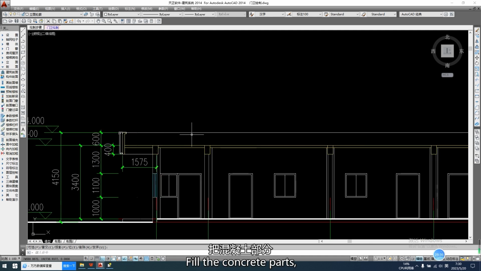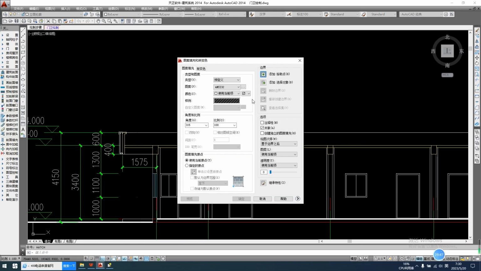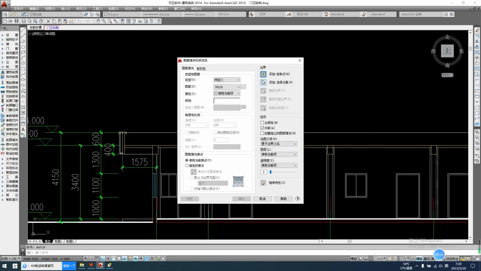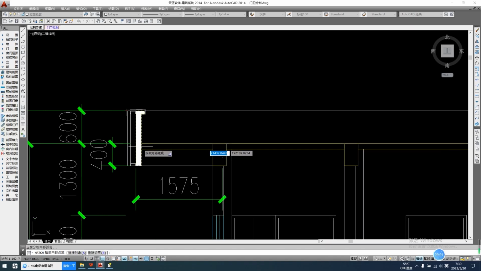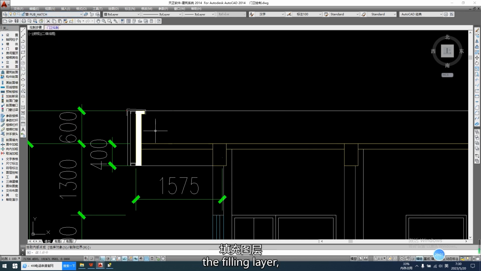Fill the concrete parts, that is, the floor slabs, roof slabs, beams, and parapet walls. We switch to the filling layer.